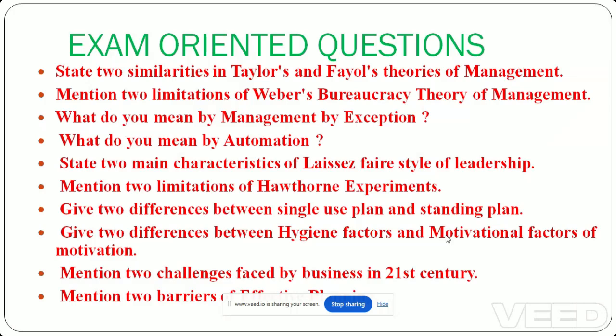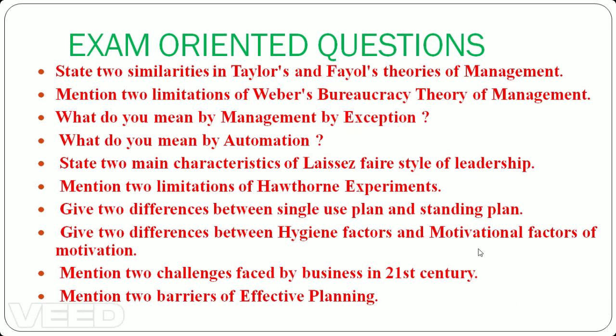So at first I'm going to discuss these questions. The first one is the similarities between Taylor's and Fayol's theories of management. All of you know about Taylor's scientific management theory and Fayol's general principles, the 14 principles.